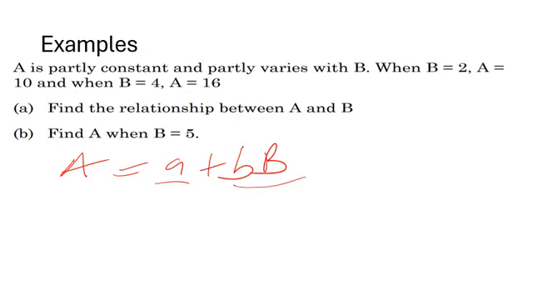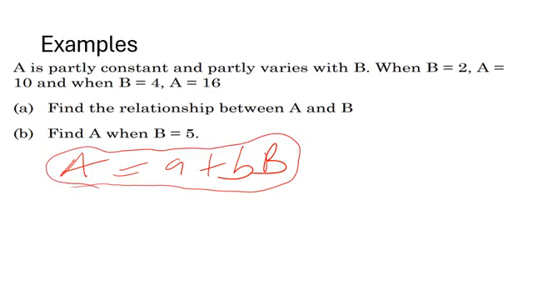Now the question says that when B is equal to 2 and A is equal to 10, and when B is equal to 4 and A is equal to 16, find the relationship between A and B. The first thing for us is to find the relationship between A and B. This formula is the one that we have developed.